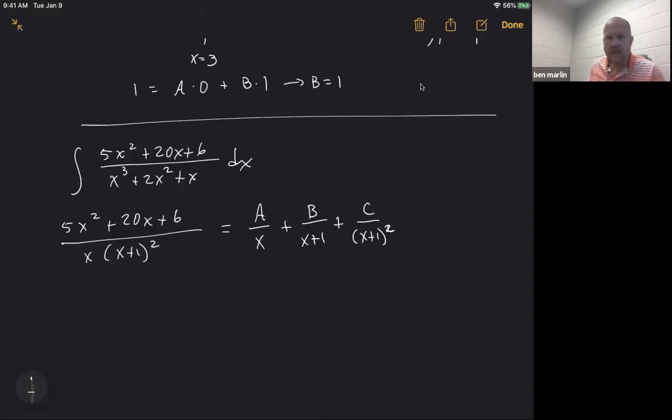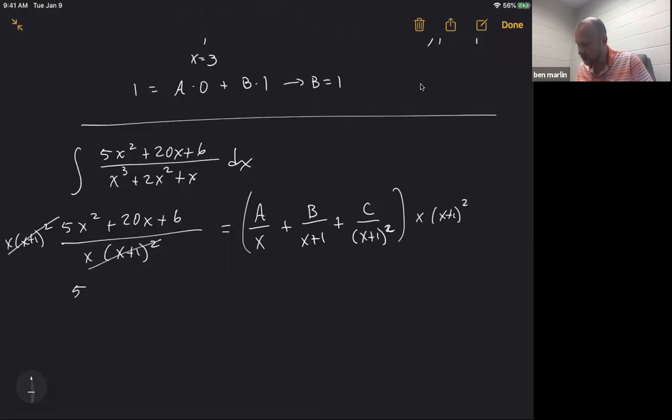Okay? So do the same thing as before of multiplying both sides by x and x plus 1 squared. And the left-hand side has cancellation.